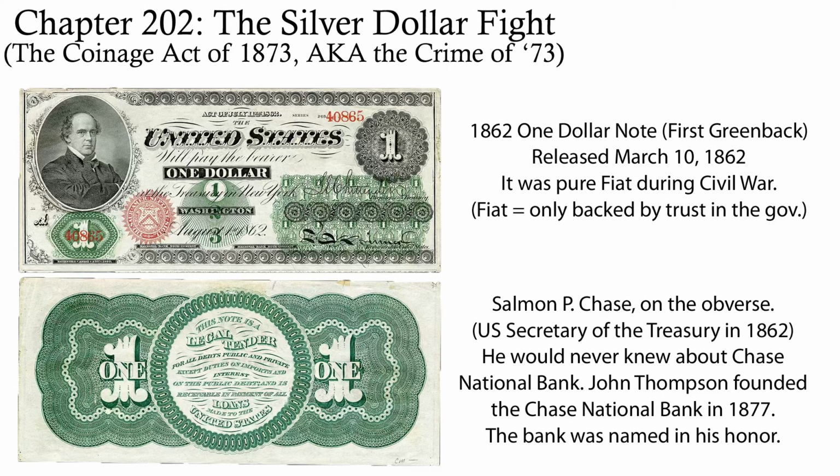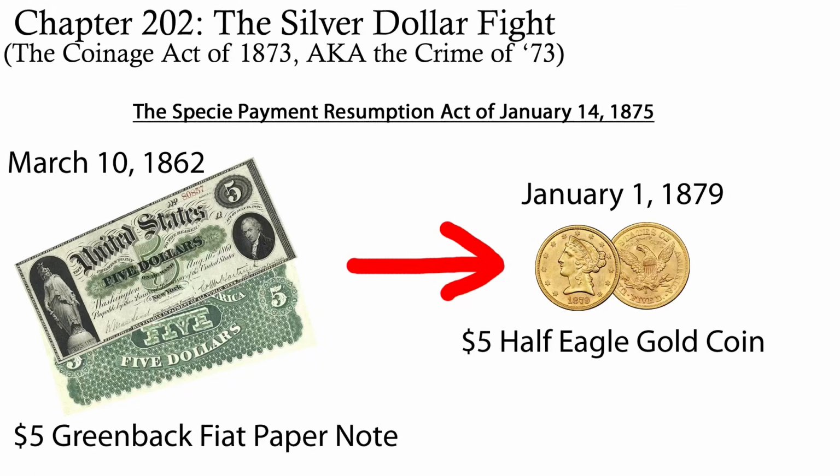In the East during the war, the Union needed money to fund the war, and the fiat greenback was printed for that reason. They were able to kill the monster with specie redemption in 1875, which allowed fiat greenbacks to be redeemed for gold. Gold only, but redeemed for gold in 1879.